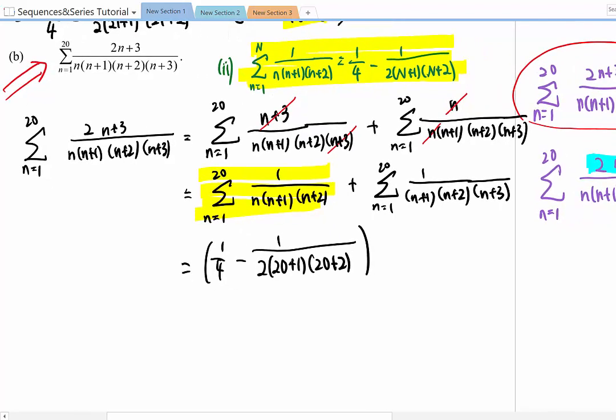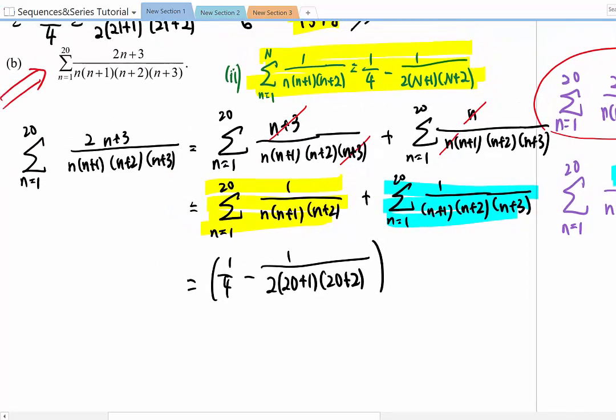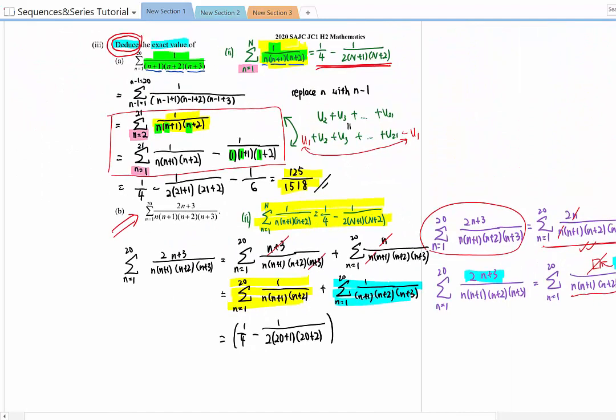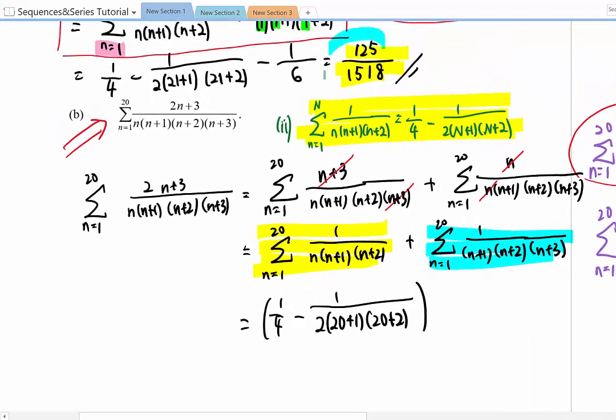And for the second series, in this case, do we actually have to recalculate it? The answer is no. And why not? Because it is actually similar to our series in part A. Alright, so we can actually just use our result from part A and write it down instead of recalculating everything.